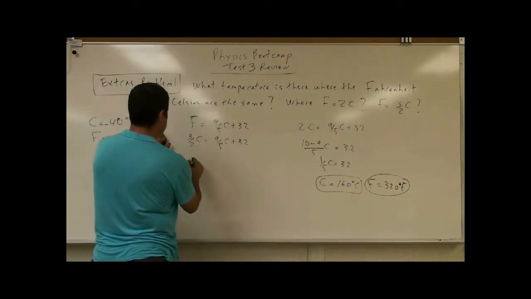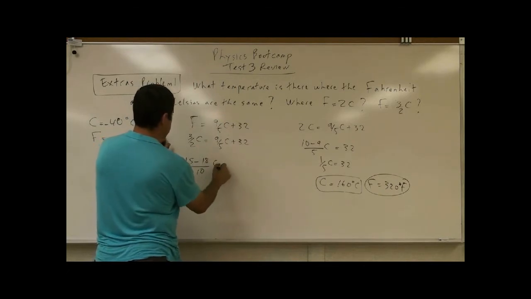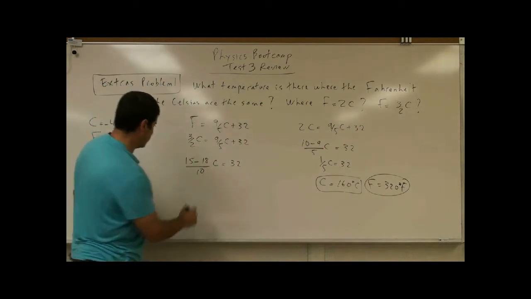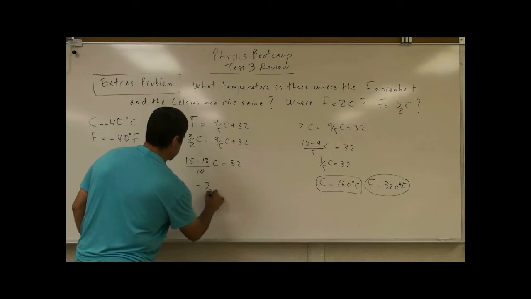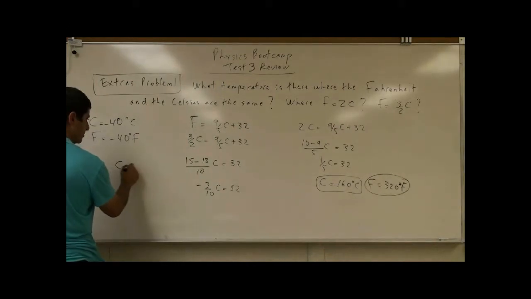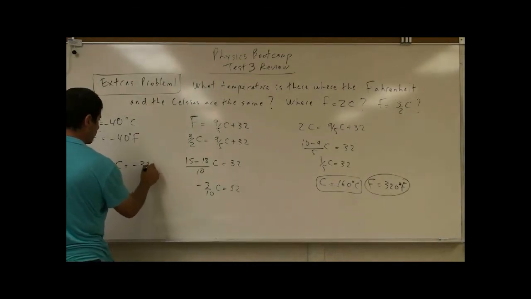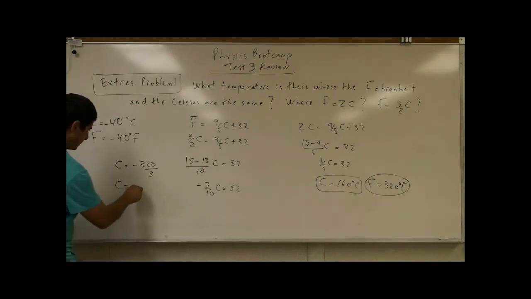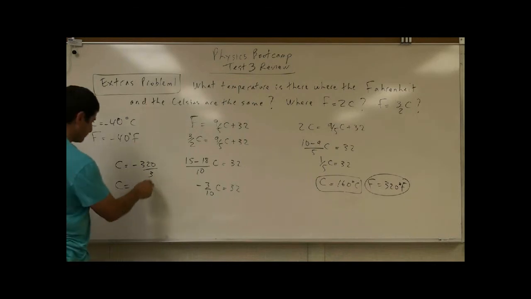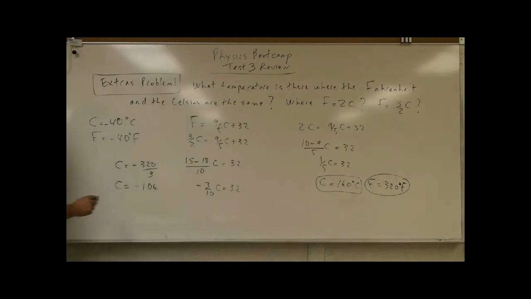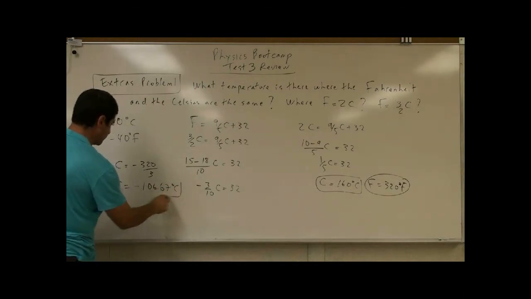Then you get a common denominator, 15 minus 18 over 10 C is equal to 32. That's negative 3/10 C equals 32. And then Celsius equals negative 320 over 3. Well, it's going to be negative 106, 3 goes into 320 106 times, and 2/3 left over, so 106.67 Celsius, something like that.